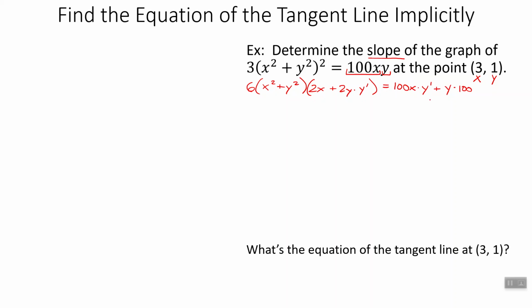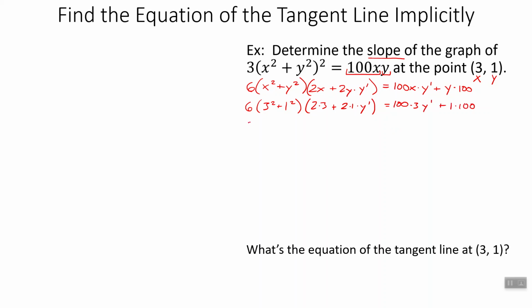All right, now we are trying to find y prime when x is 3 and y is 1. So I'm going to go ahead and plug in 3 everywhere for x and 1 everywhere for y. So that means the only variable I'll have left is y prime, and that is our slope at that point. So if we plug in, we'll have 6 times 3 squared plus 1 squared, 2 times 3 plus 2 times 1 times y prime equals 100 times 3 times y prime plus 1 times 100.